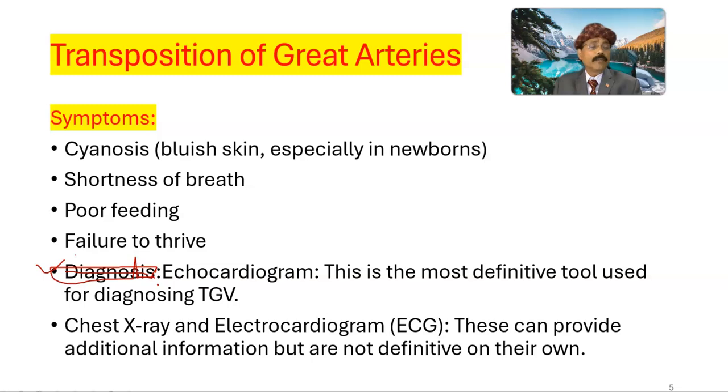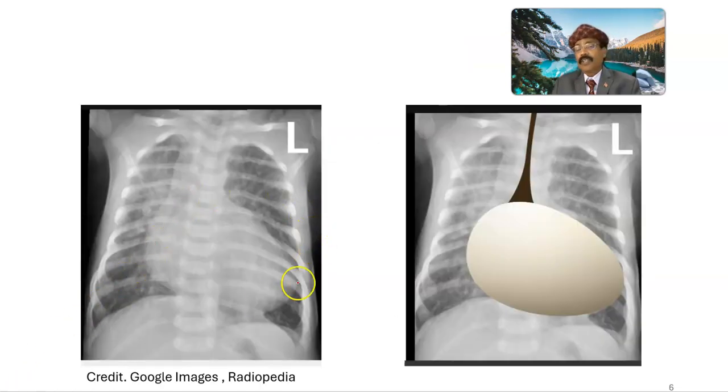Now here is the chest x-ray. It is not very much acceptable, but in an adult who has levo type of transposition of great arteries, it may be useful as the age advances, but it is a disease of the newborn, so longevity is not long.